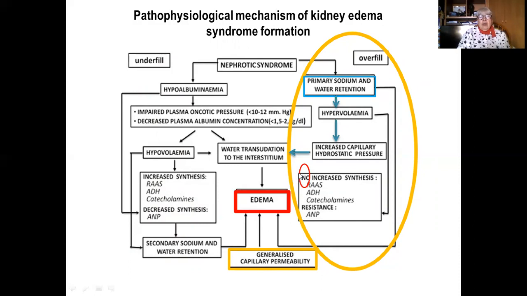But what I want to highlight, no increased synthesis of hormones: renin, aldosterone, angiotensin, and antidiuretic hormone will also be at normal levels, and the same for catecholamines in the blood.